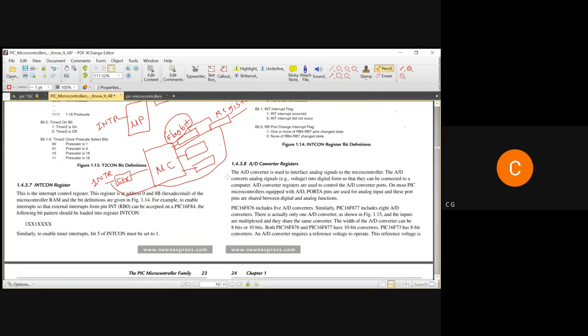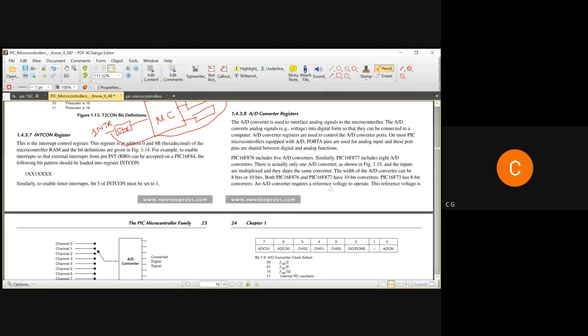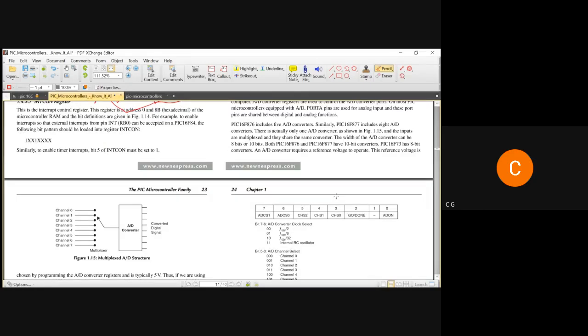Okay, so I will take this A to D converter and then I will stop. So how the A to D converter is working, that is what we have to see. First we see how the A to D converter register is connected.